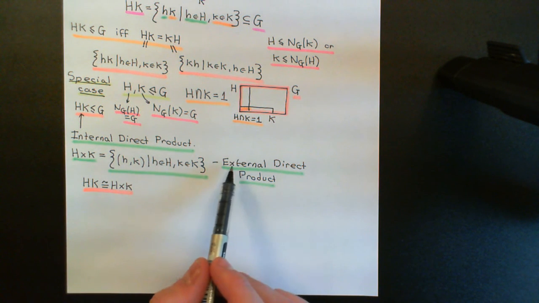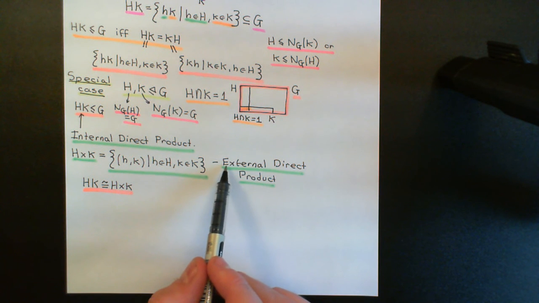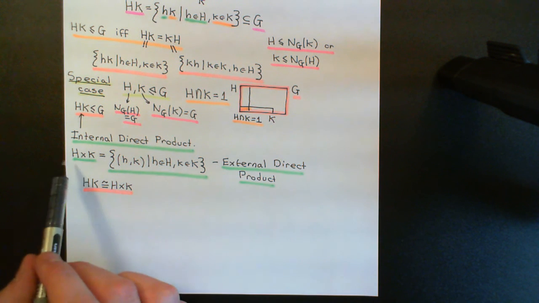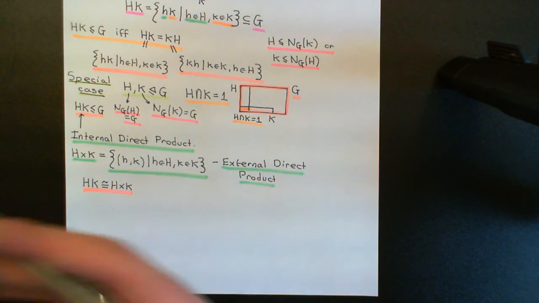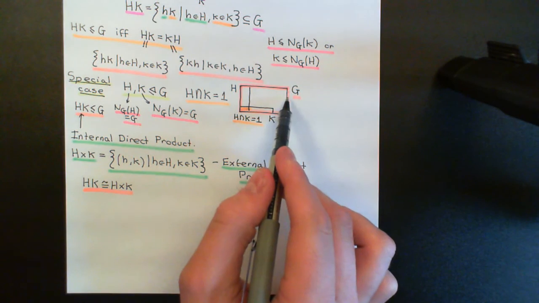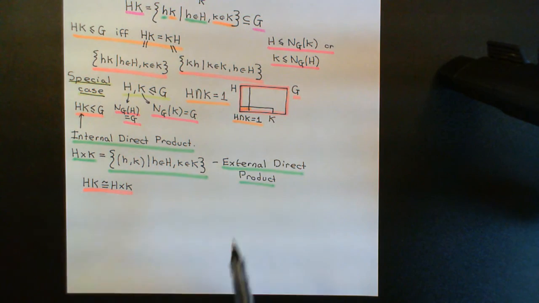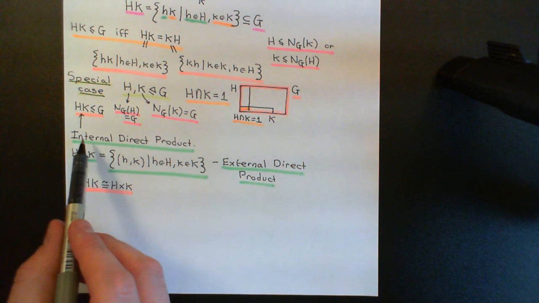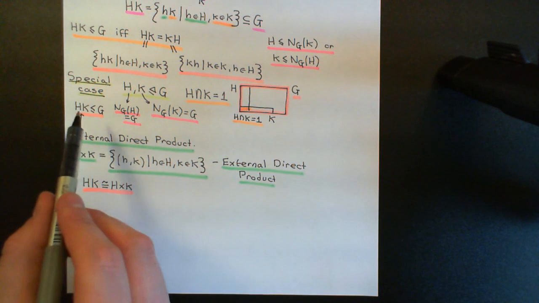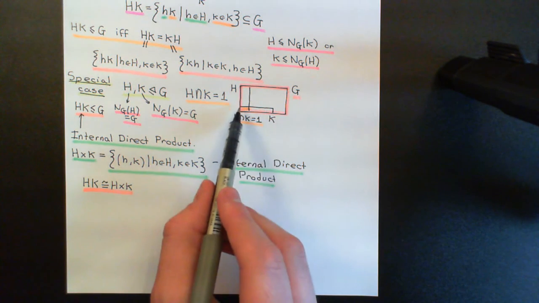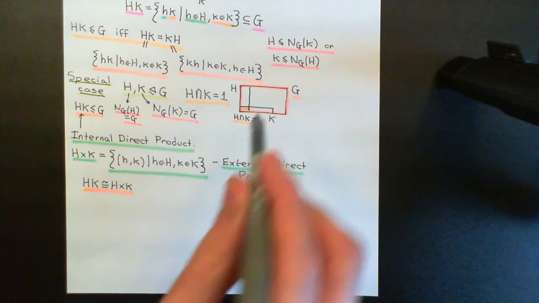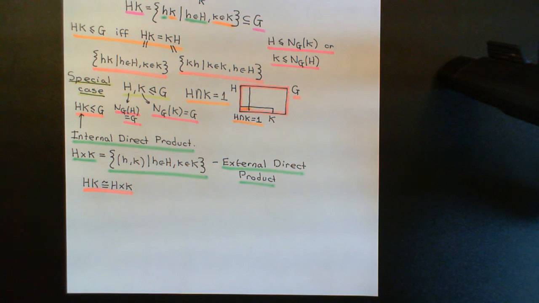One is the external way, where you're thinking of these two things as being external to the group capital G, i.e. you don't need to think of them inside of this larger group capital G in order to do this one. And this one's the internal one, where to define this you did need to think of them as being internal to this larger group capital G. So that's where these names come from.